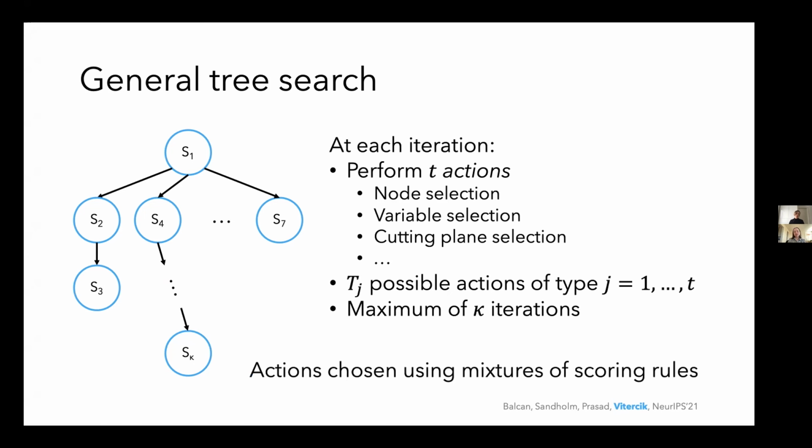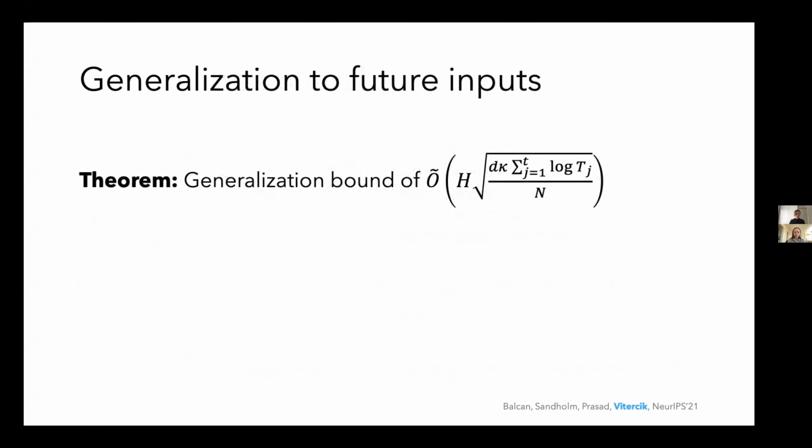And again, we're going to say that these actions are chosen using some mixture of scoring rules, as is commonly practiced in integer programming. And in this case, we get this generalization bound of H, where again, H is an upper bound on performance, times the square root of D, where D is the total number of weights defining these weighted combinations of scoring rules, times kappa, the maximum number of iterations, times the sum of the log of the number of actions at each step.